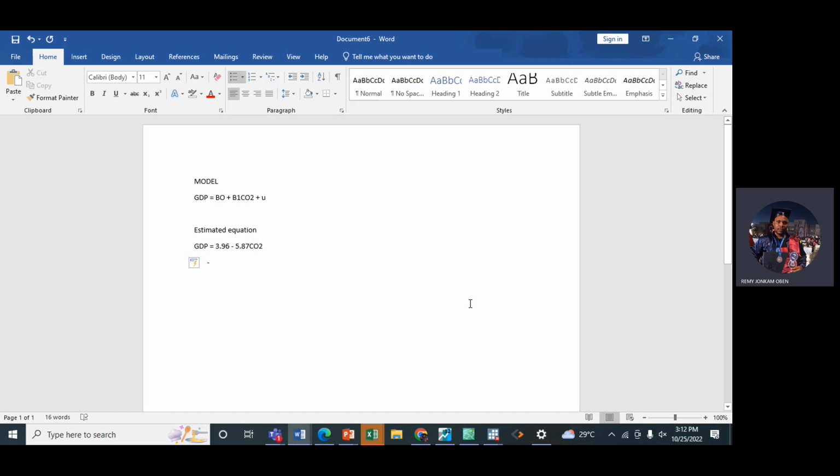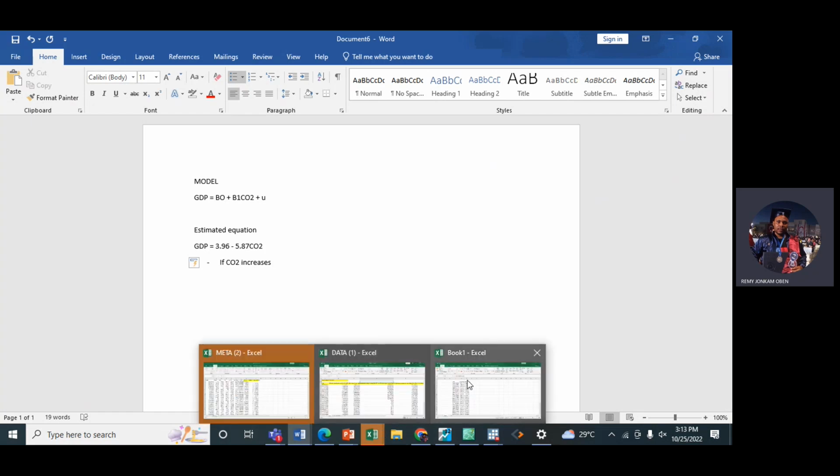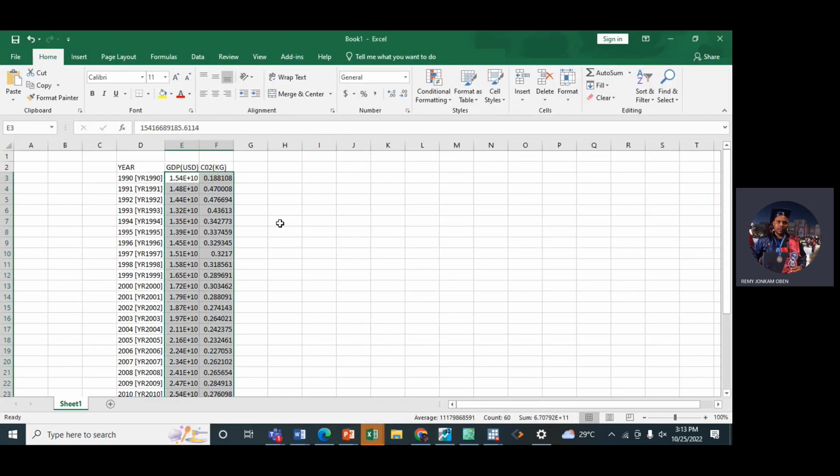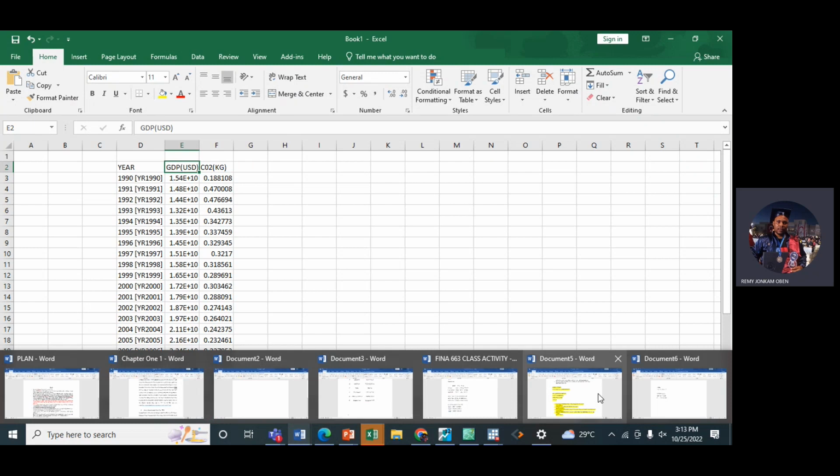So what we'll write is that carbon dioxide, CO2, increases. By the way, since it is level, we are using the units to interpret it. The carbon dioxide unit is kilogram, the GDP unit is US dollars. So we are using the units.